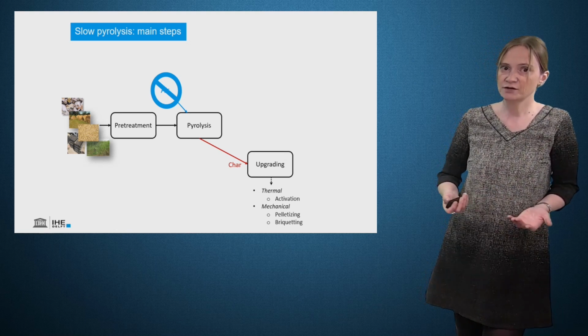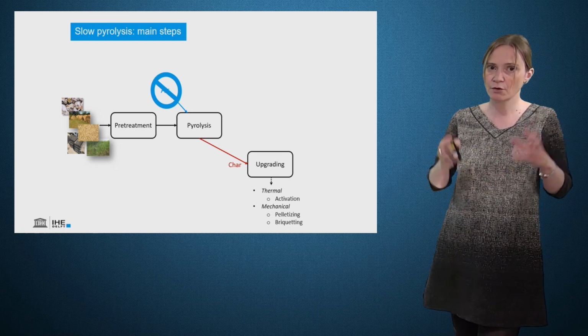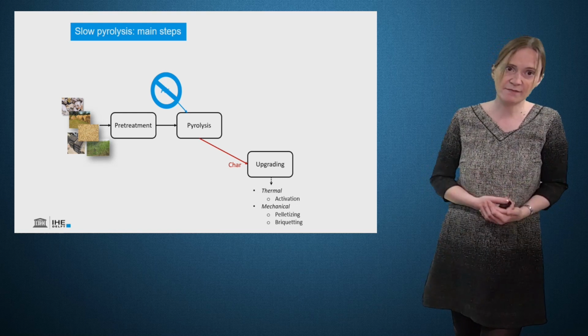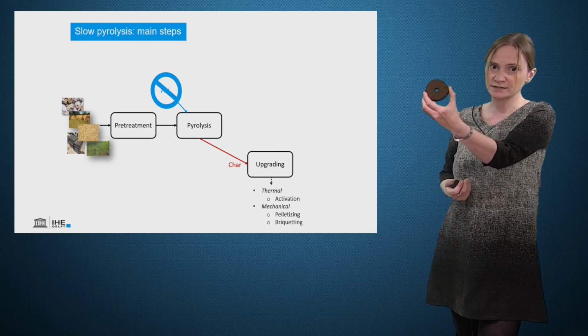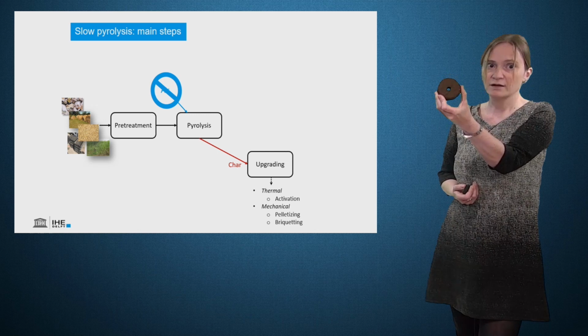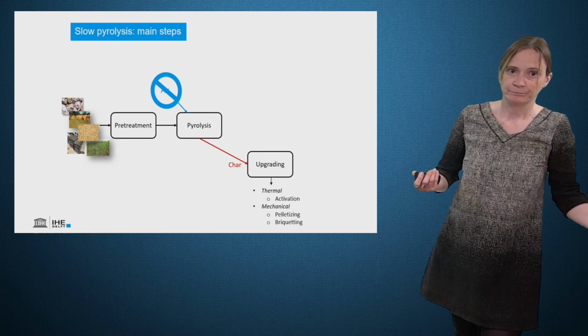And then you can also have mechanical upgrading to make the material denser and more homogeneous and hence easier to handle. It can be by pelletizing or briquetting. Here, just to show you a small example of a briquette. These briquettes were made from biochar through agricultural waste in Kenya.